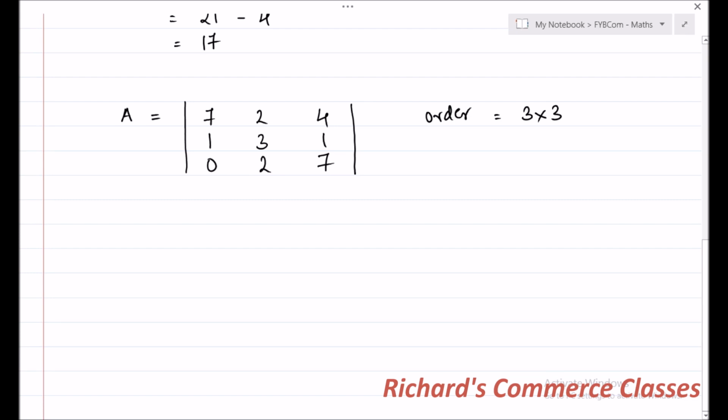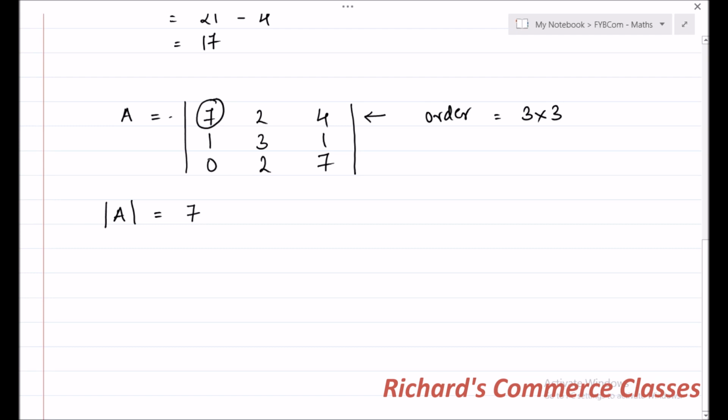Okay, let's see. Determinant A is equal to the first row. We begin from there. Take the first element. First element is what? 7. Write 7. And once you have taken the first element 7, delete the row and the column that includes this 7.